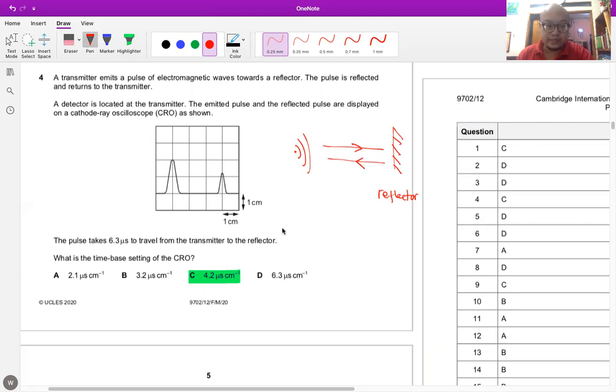When we see one way, it is 6.3 divided by 3, because this is 3 divisions.